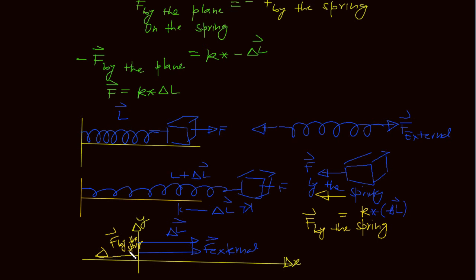So that's why, again, Hooke's law will make it F is equal to minus K multiplied with delta L. So spring always resists deformation, whether it's expansion or compression. That's why this minus K delta L.